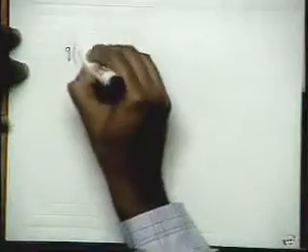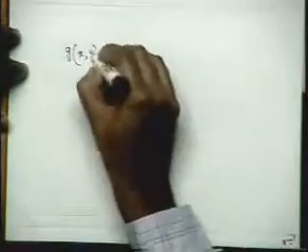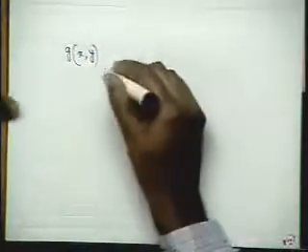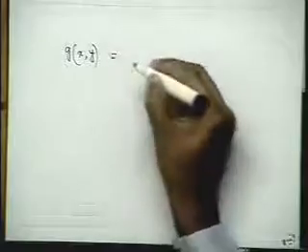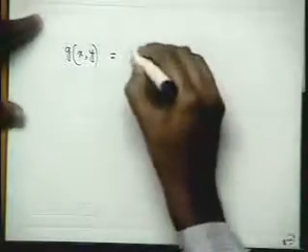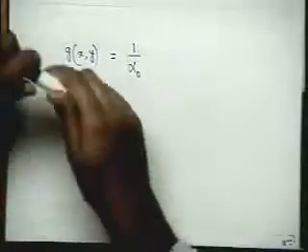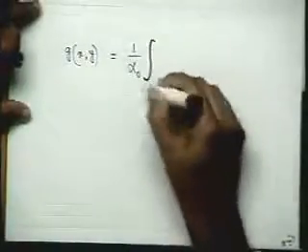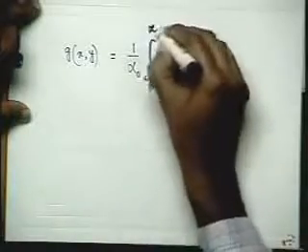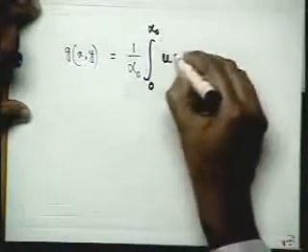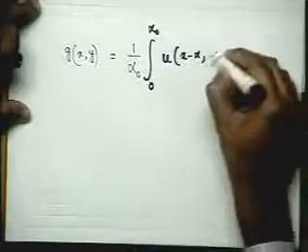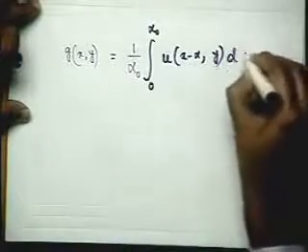Well, we had the degraded image g(x,y) written as 1 upon alpha 0 integral 0 to alpha 0 u of (x minus alpha, y) d alpha.